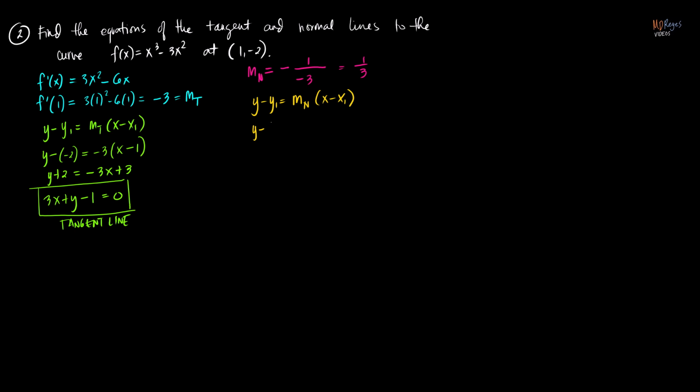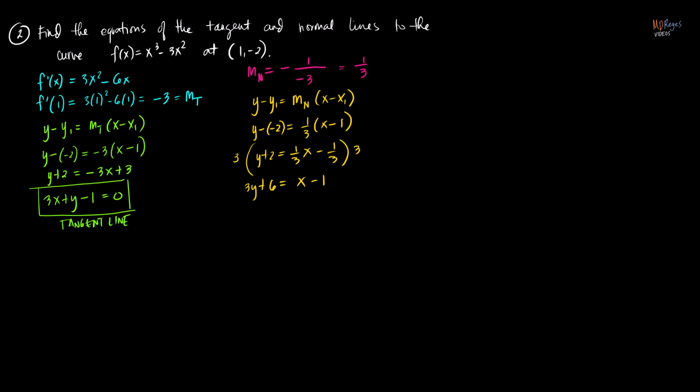So y minus negative 2 equals 1/3 times x minus 1. So it's y plus 2 equals 1/3 x minus 1/3. So just remove the denominator by multiplying both sides of the equation by 3, and we'll get 3y plus 6 equals x minus 1.